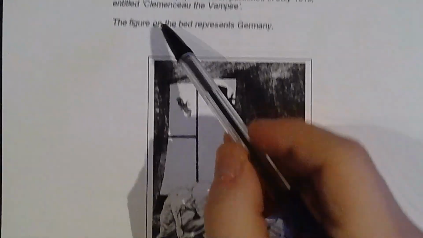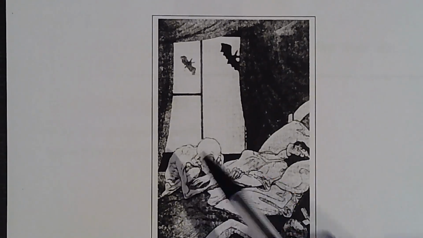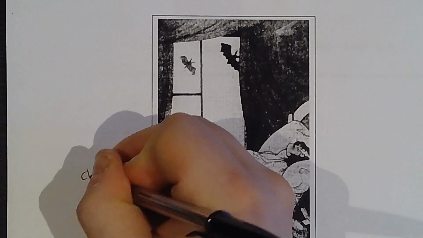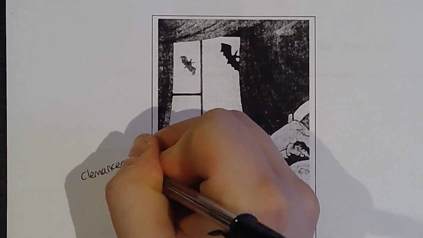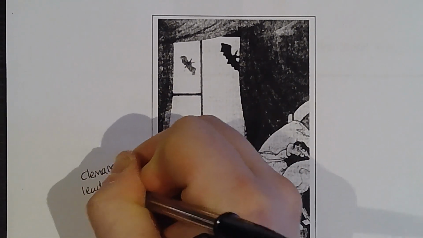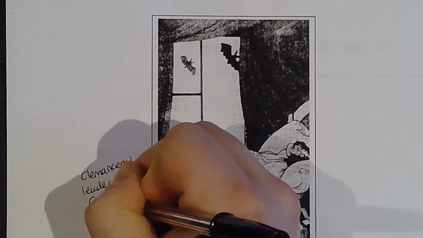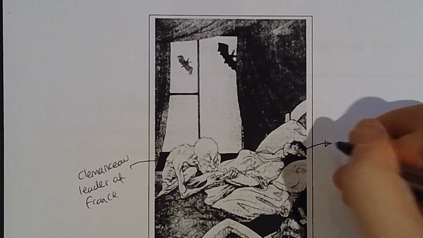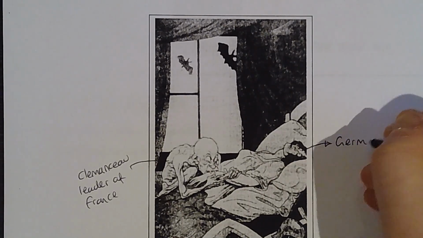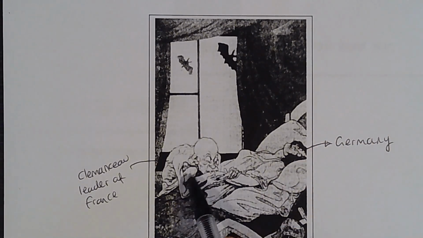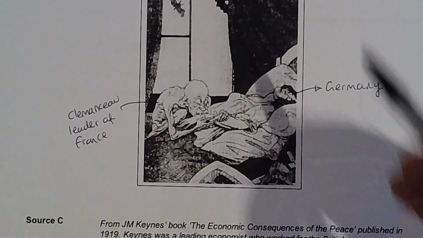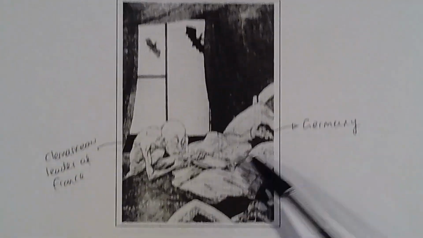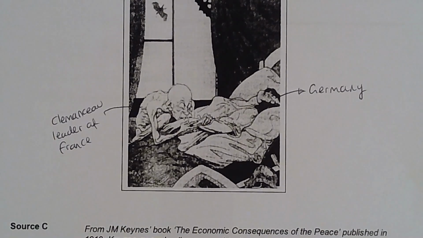So straight away from that, I know that the vampire here is Clemenceau, who is the leader of France. And here, I know that this woman here is Germany. So that's just what I can get straight away using the writing and the image.